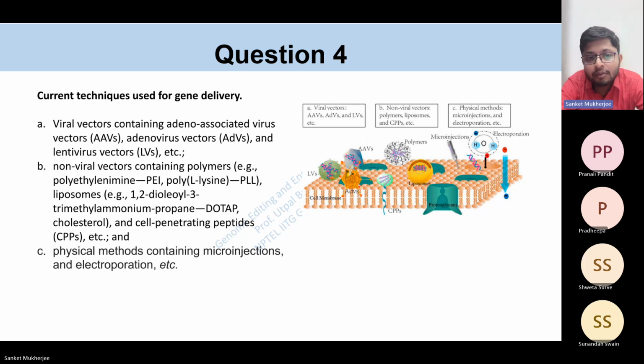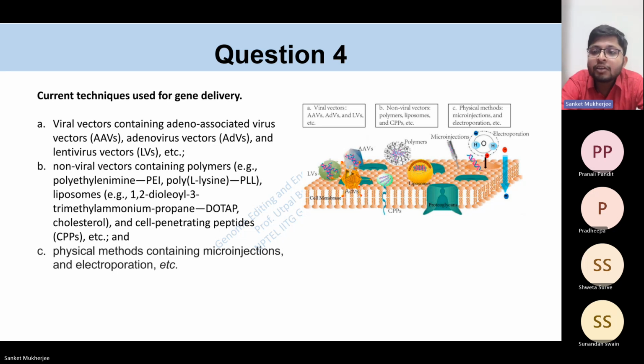These kind of things can be used. Some physical methods like microinjections, electroporations. Nowadays, even among the physical methods, sometimes even nanoparticles are used. So these are the different ways how you can deliver your gene of interest into the cell.